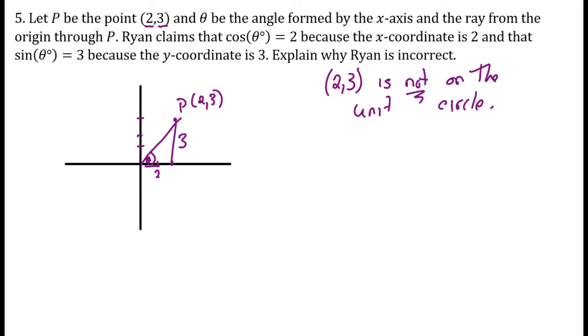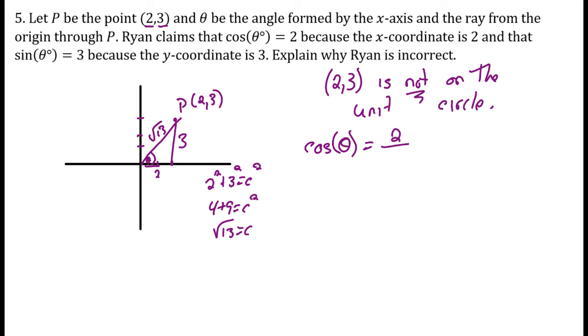Well, what's the hypotenuse? 2 squared plus 3 squared equals c squared. 4 plus 9 is c squared. 4 plus 9 is 13, square root both sides, so radical 13 is c. So when I find the cosine of theta, it's not just 2, it's 2 over radical 13. The sine of theta is not just 3, it's 3 over radical 13, using opposite over hypotenuse and adjacent over hypotenuse, respectively, for sine and cosine.